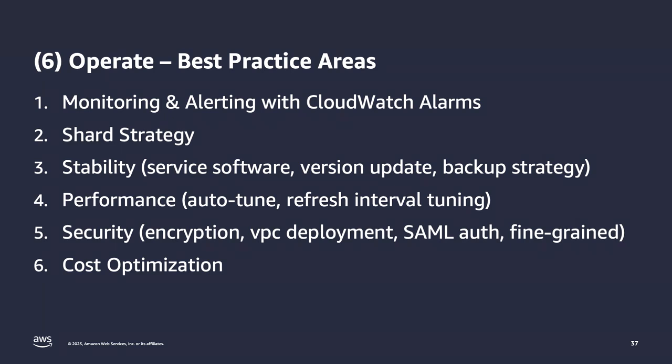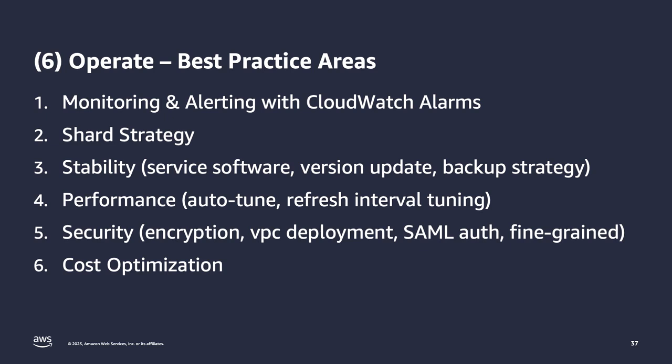The third best practice is to ensure stability by having the latest service software version, which is the control plane of the managed service, and then the version update of OpenSearch itself.